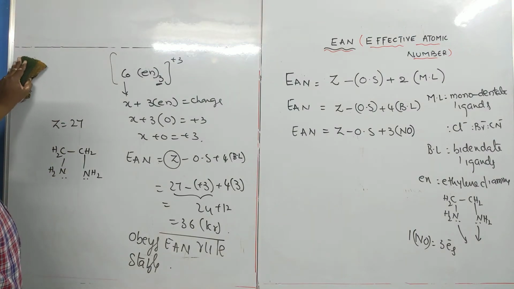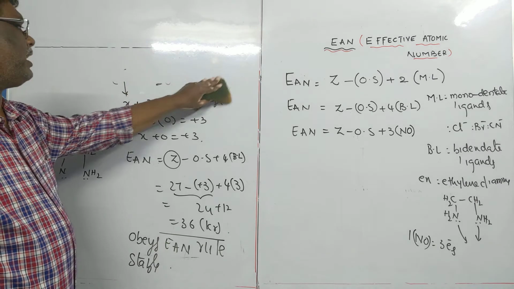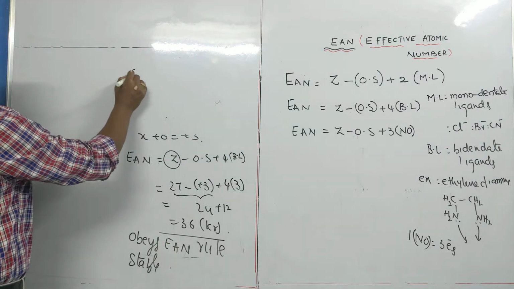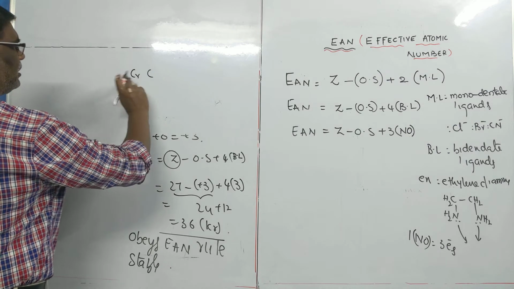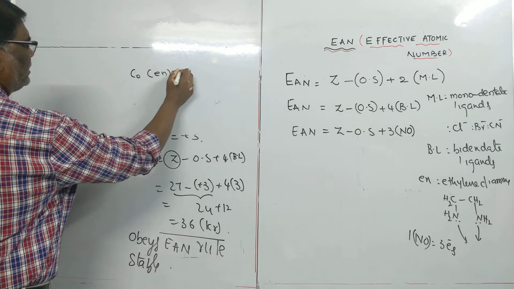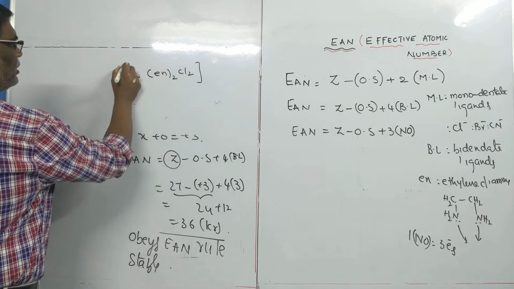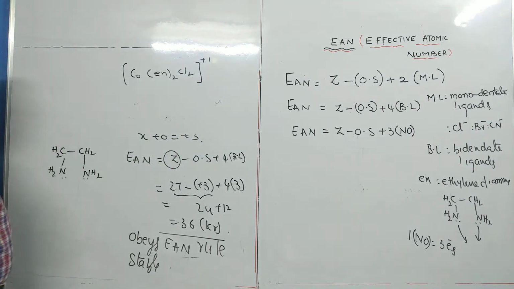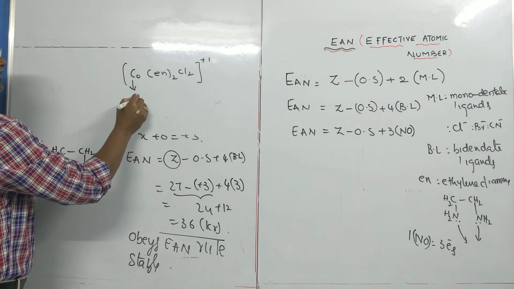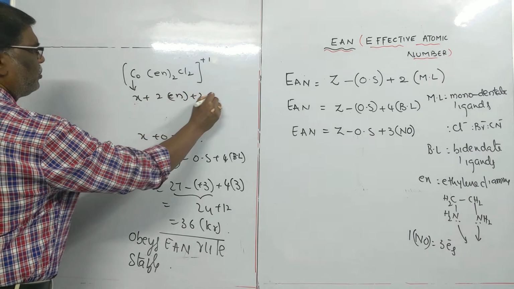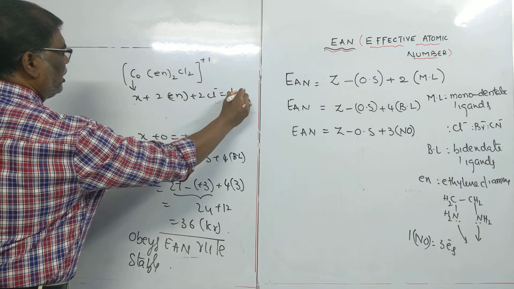Similarly, we explain the EAN of another compound involving bidentate ligands. Co(en)2Cl2, the charge is plus 1 for this one. First of all, calculate the oxidation state. X plus 2 into en plus 2 Cl minus is equal to the charge.